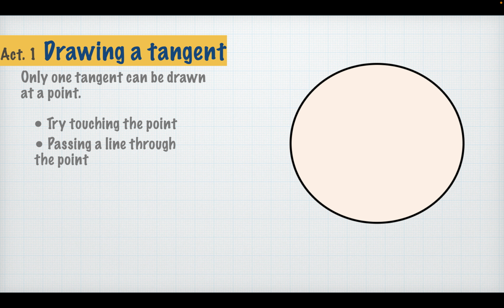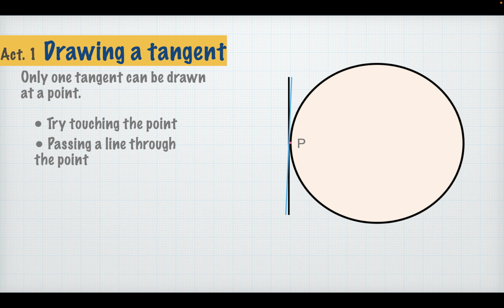So we draw a circle first, then we take a point P on it like this here, and then we draw a line that just touches this point. This line is a tangent because it touches the circle at only one point, P. Now I want to try a different line that is slightly off this line and see whether that line will touch the point P. So here is that line.